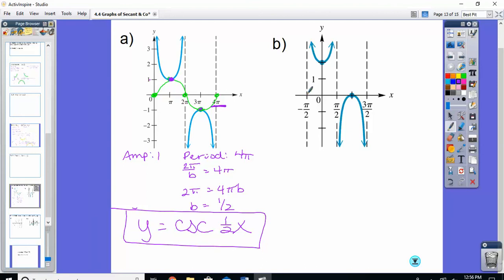If I drew in my sine or cosine, this would be 0, 2. Is my 0 really at 0 this time? Where's the center of this graph? This has a point at 0 and this is a point at 2. So the middle of this is actually at 1.